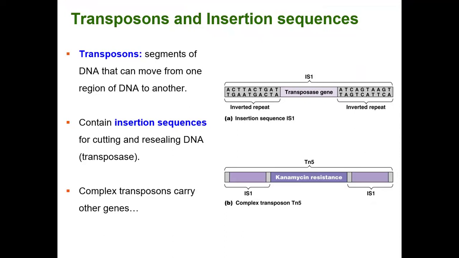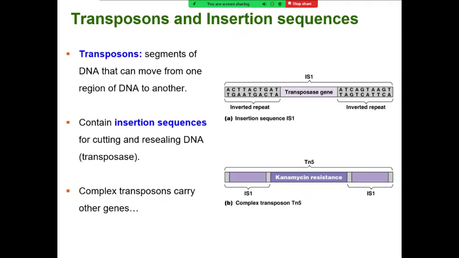But well, we don't know about transposons. I don't know if they know about transposons in humans. In eukaryotes, the transposon can move from one chromosome into another chromosome. And it actually excises itself from the first chromosome and then moves into the second chromosome. So there are segments of DNA that can move about from one region of DNA to another.